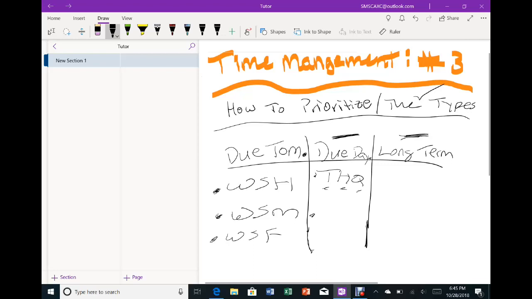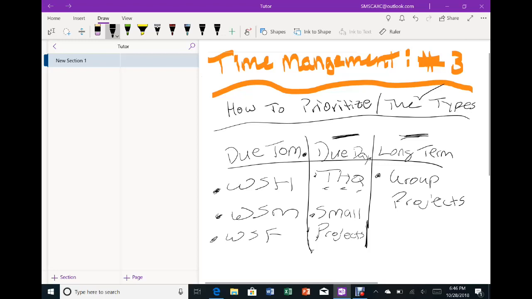Okay, so due date in days would be take home quizzes probably, or small projects. Okay. But then long-term stuff would be probably group projects. So just to give you an example like that.